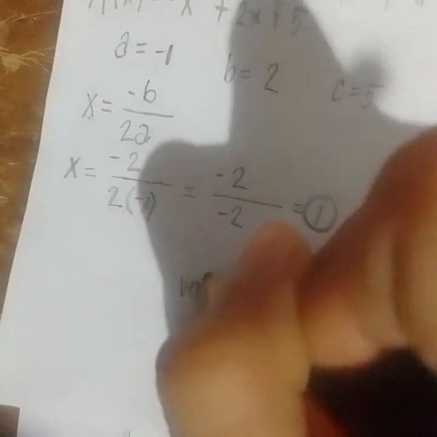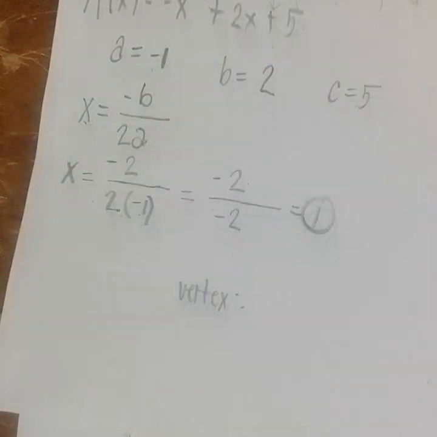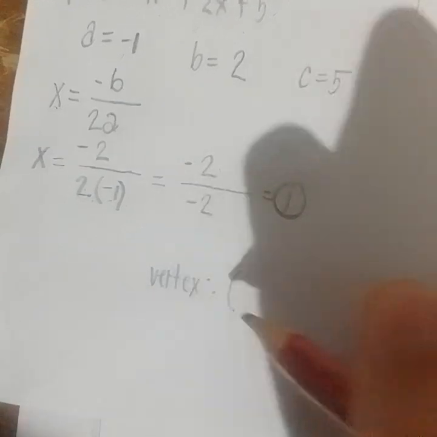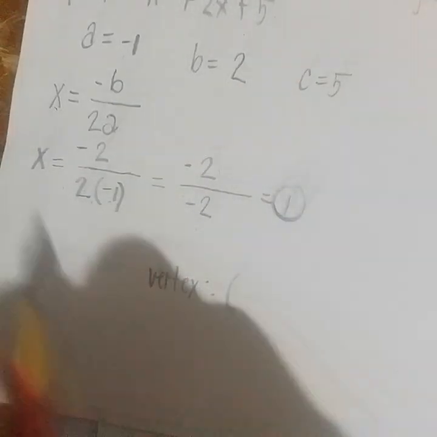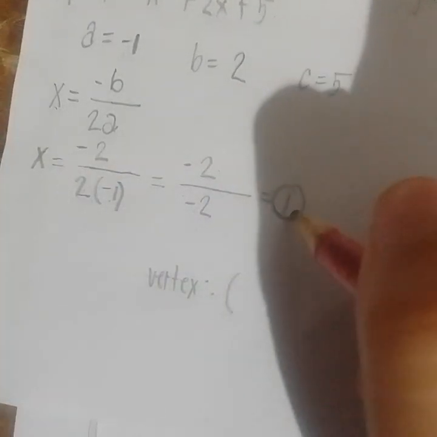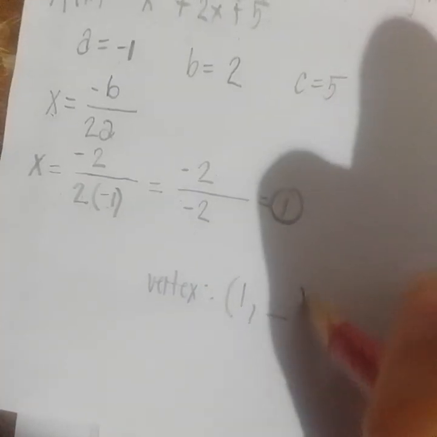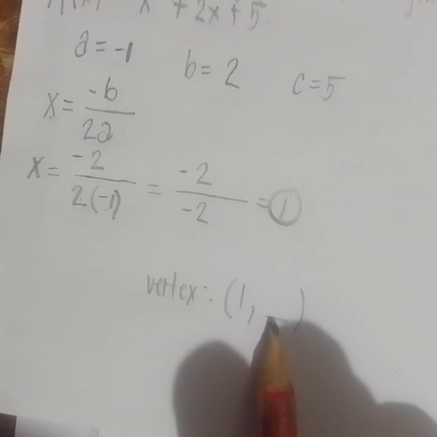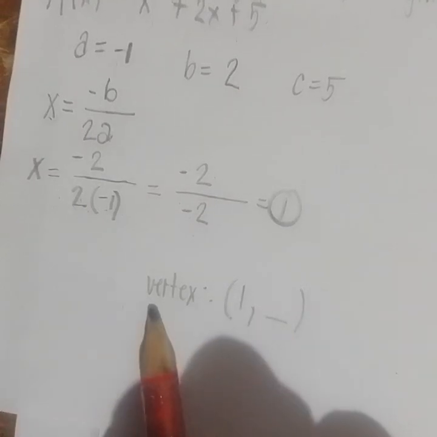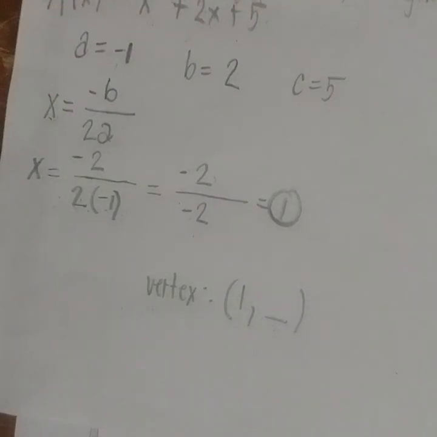So for your vertex, we will write here its coordinates. Please put a parenthesis for the x coordinate, or your h, value of h, that is 1, comma, and then blank. Because this part is the y coordinate of your vertex, which will be our next step.